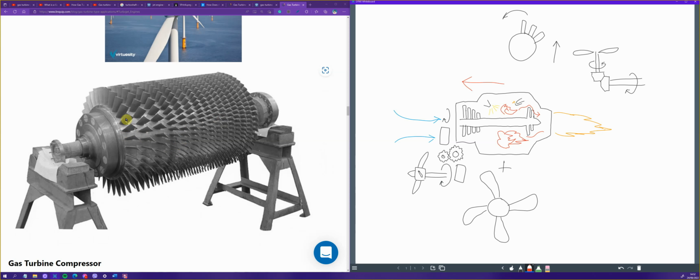Makikita nyo, initially malaki. You can say that this is passing through stages. Ito yung malaki mo, low pressure stage yan. As it goes smaller, tumataas, high pressure stage na yan. Ganito yung itsura ng iyong compressor sa turbine.